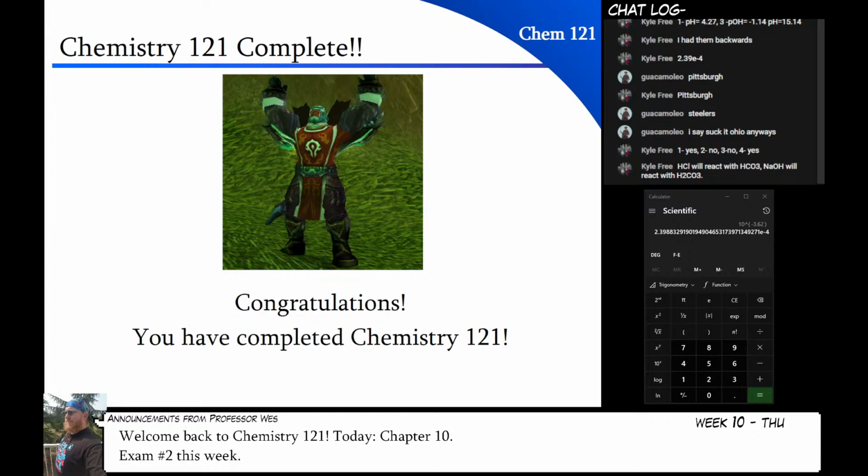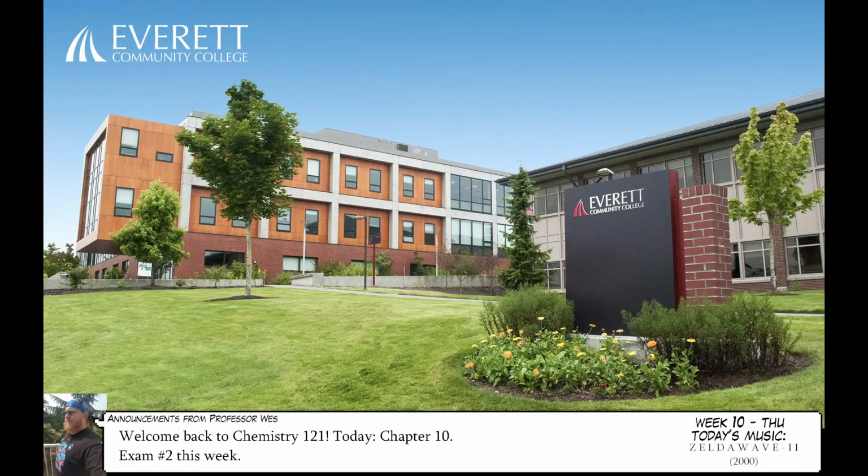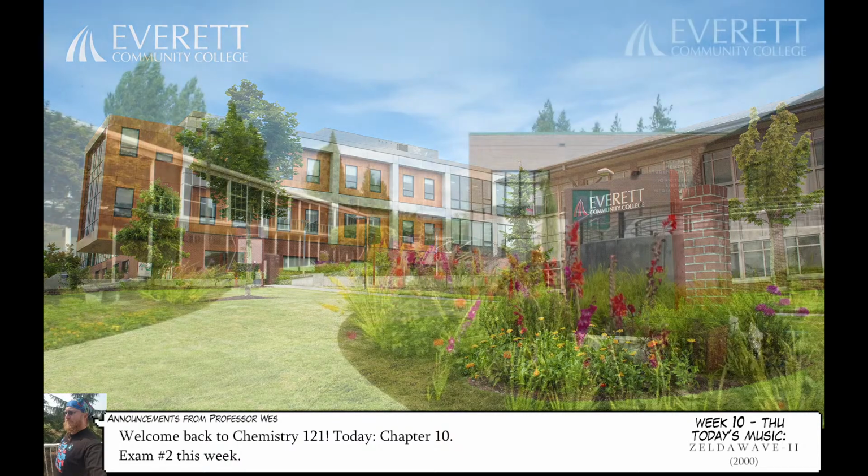What's going to happen here is that you are going to take exam number 2 on Friday, or Saturday if you've requested to take it on Saturday. You do have lab worksheet number 5. That is due next week. Check the syllabus for the due date on that. That worksheet is just a solubility worksheet, which is very straightforward.